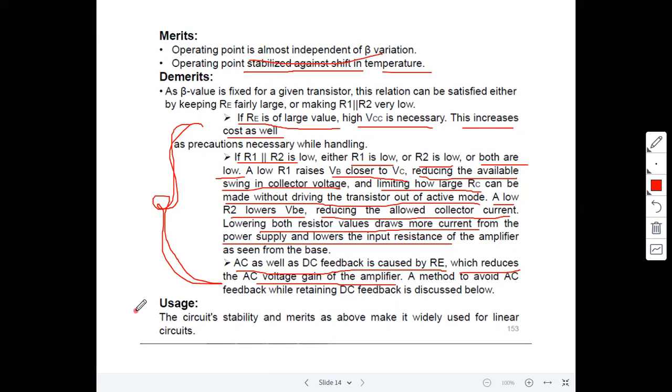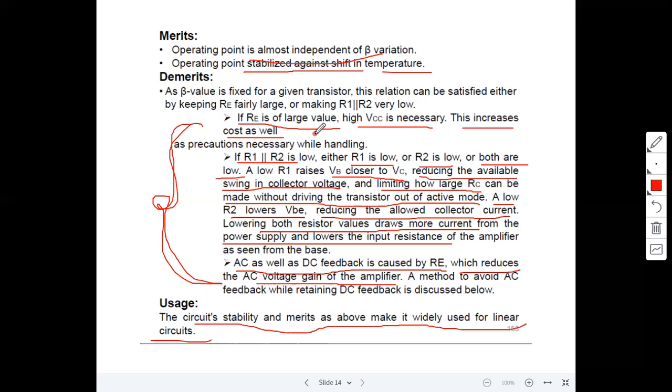An important application: the circuit stability and merits as above make it widely used for linear amplifier circuits. This is the most popularly used bias technique in amplifier circuits. This is about self bias.